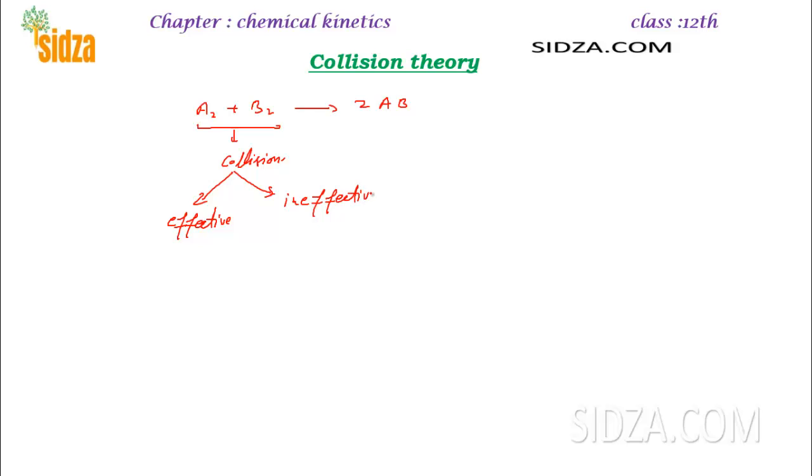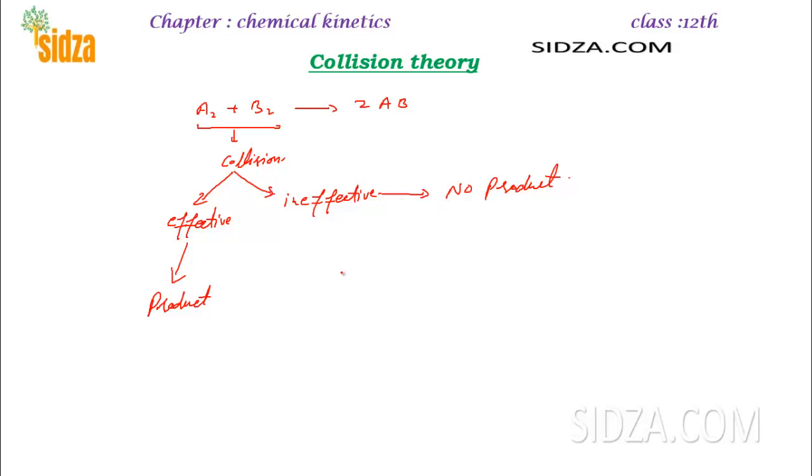When a collision occurs and you get a product, it is called an effective collision. So from an effective collision, you get a product, and from ineffective collisions, no product is formed, right?